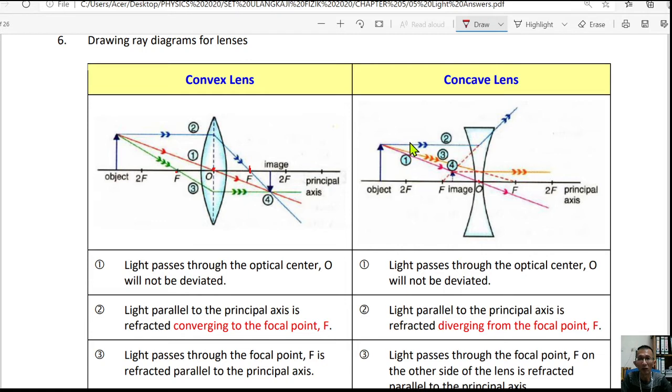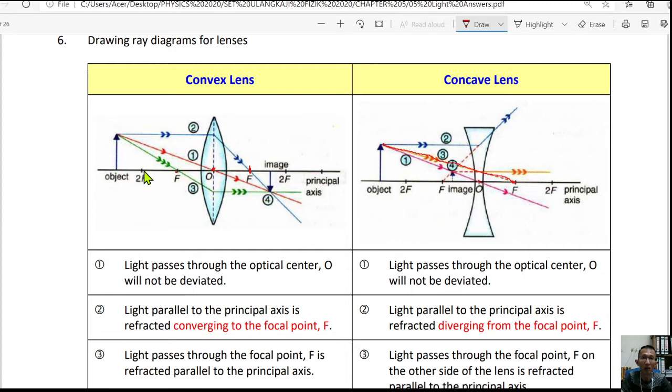Okay, same thing goes to here. If I look at this line in red, if I draw this line I can see that it is hitting my focal point, so what happened? It will go straight, parallel to my principal axis. So just like mirrors just now, you don't need to draw all these 3 lines, you only need to draw 2 and then find where the 2 lines intersect each other, and that point of intersection is where the image will be.